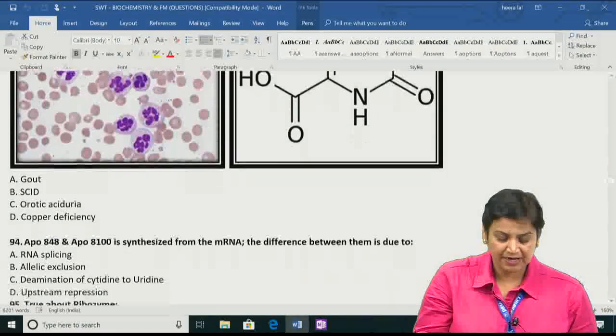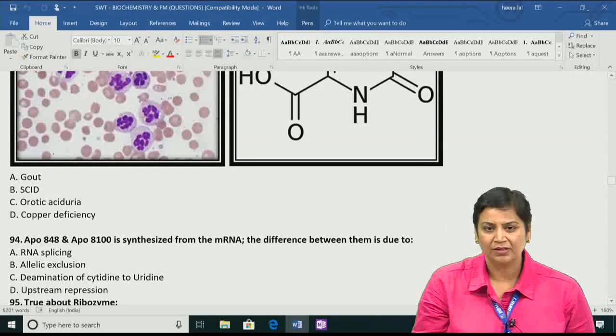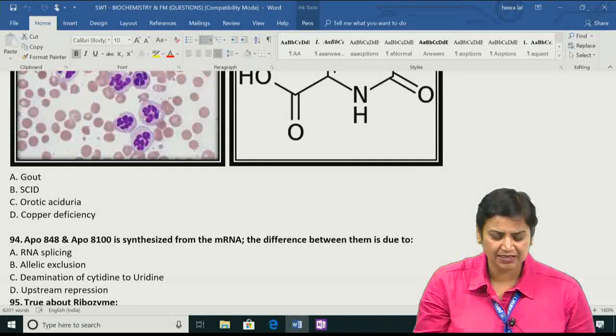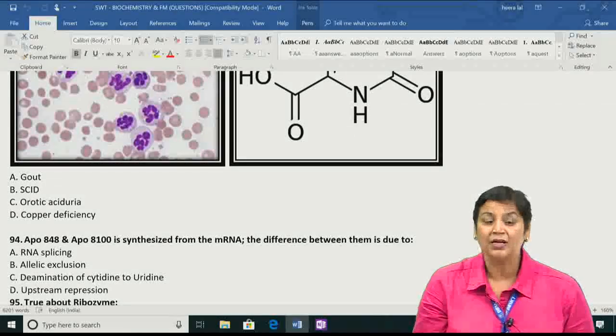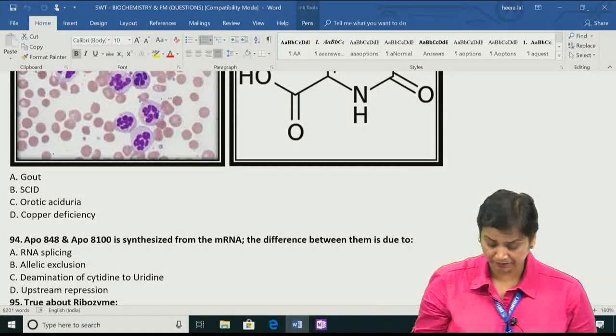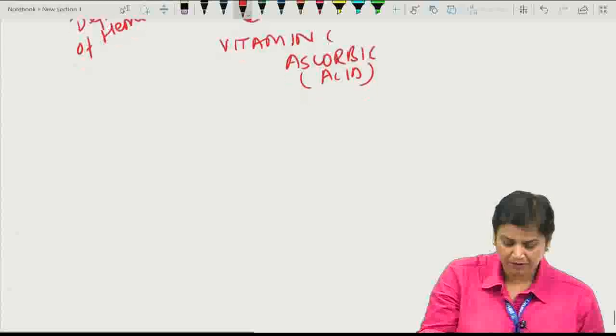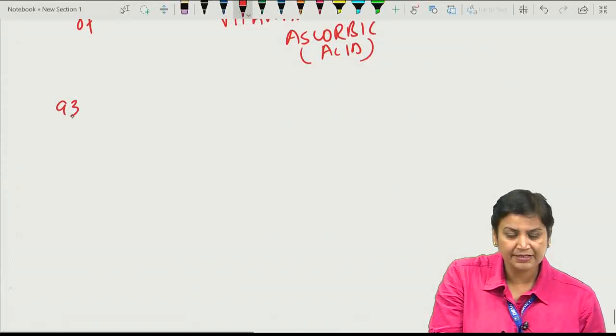By looking at both the pictures, we can say the person is suffering from orotic aciduria, which is a disorder of pyrimidine metabolism.